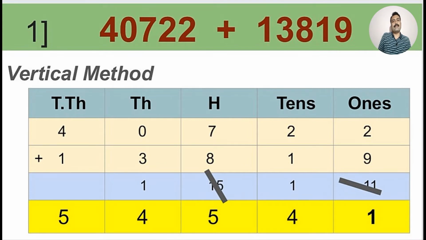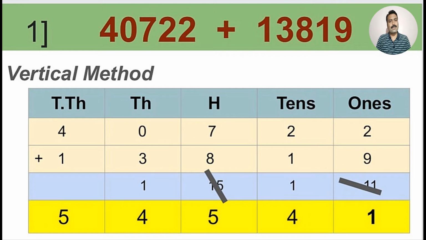So after taking this last addition at 10,000 place, the final answer we get for this example is 54,541. So this is the sum of these two given numbers in the first example.